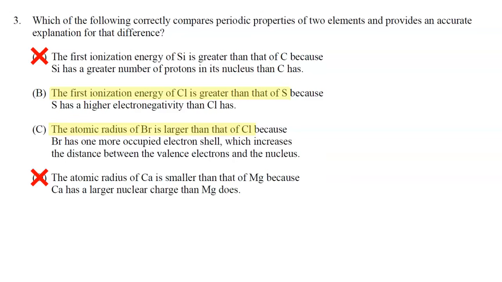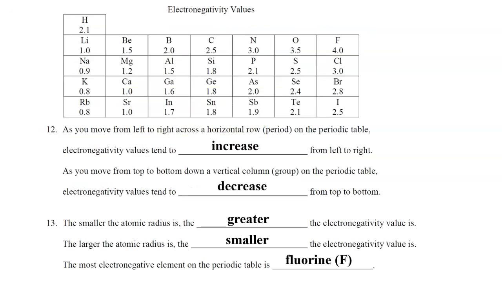In choice B, it talks about comparing the electronegativity of sulfur and chlorine. When I presented topic 1.7, on periodic trends, the trend in electronegativity, you can see on this slide the general trend that electronegativity values tend to increase from left to right across a period, and they tend to decrease from top to bottom down a group.